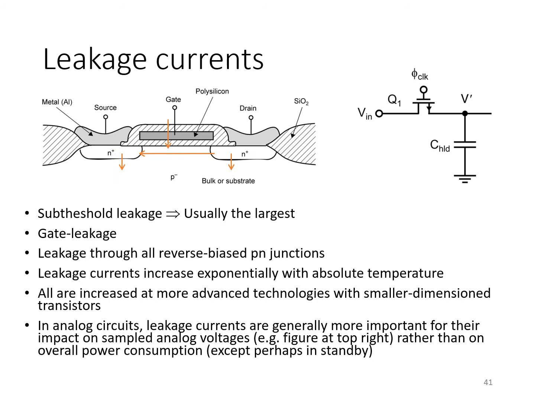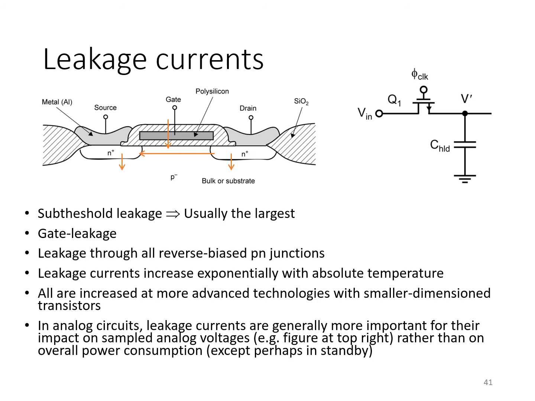So from source to the body, from drain to the body, you may see additional leakage currents flowing. Again, these are likely to be proportional to the surface area of the PN junctions. All of these leakage currents are increased at more advanced technology nodes where smaller dimension transistors are used.